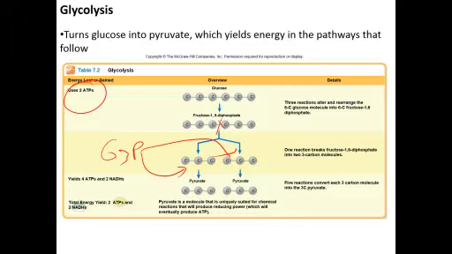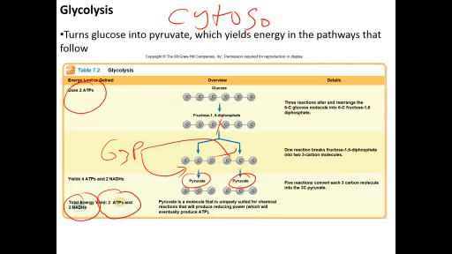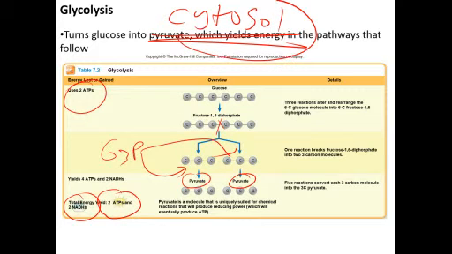Each of these G3P molecules is converted into a molecule of pyruvate, and the result is you make a total of 2 ATPs and 2 NADHs, and you end up with pyruvate, or pyruvic acid. So the end product of glycolysis is pyruvate. And again, all this occurs in the cytosol of the cell.